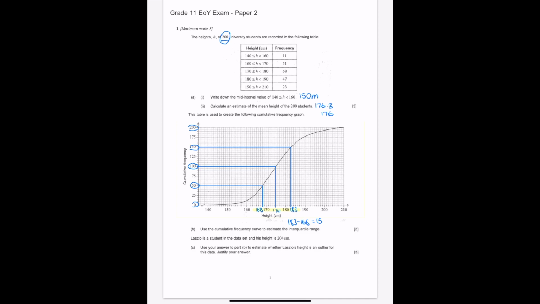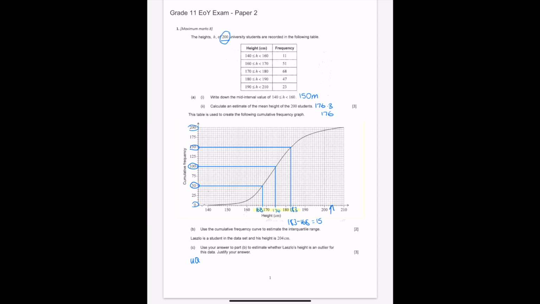So part C, the last part of the question, says that a student in the data set has a height of 204, and we need to estimate whether or not they're an outlier. For this one, we need to use the outlier formula. If they're 204, it looks like they're going to be in the higher range of the data.